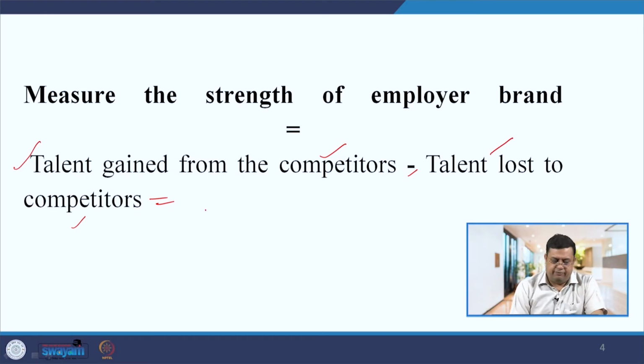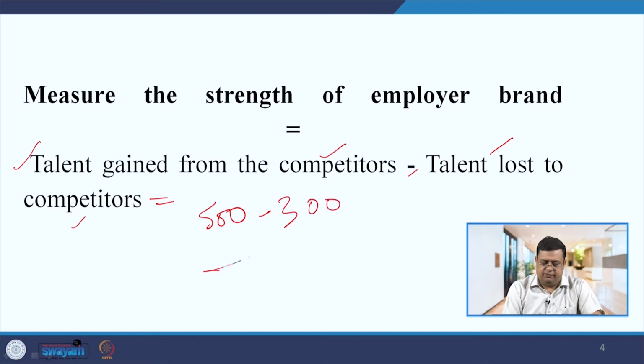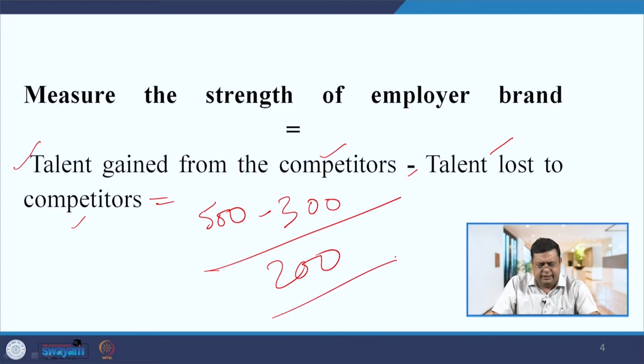Let us say 500 people have joined and 300 people have left the organization. So, it is still positive. It indicates that your employer brand is strong enough to attract candidates.